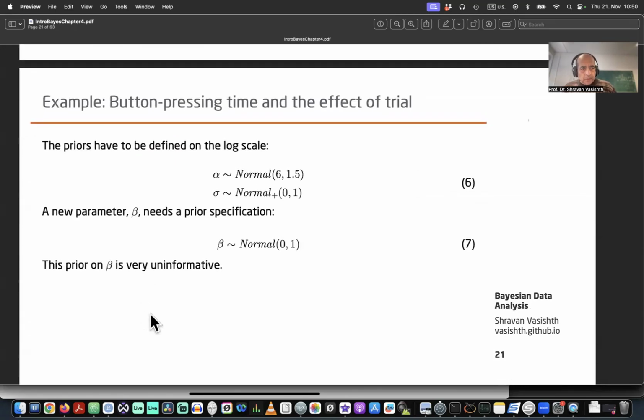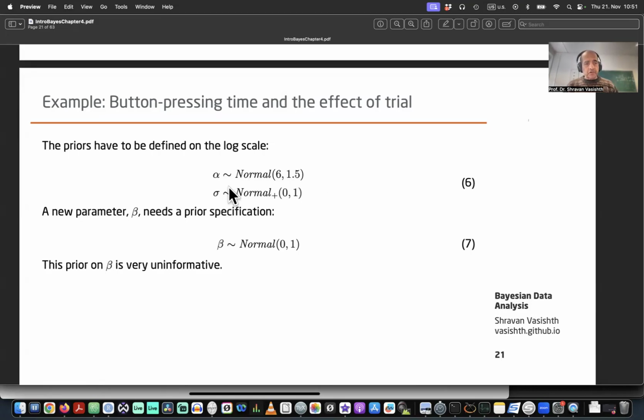As I mentioned in my previous lecture in chapter 3, because we are working with the log normal likelihood now, the intercept, the slope and the standard deviation will have the parameters defined on the log scale. So I'm assuming here that the intercept has a normal prior with mean 6 and standard deviation 1.5, because of the log normal likelihood.